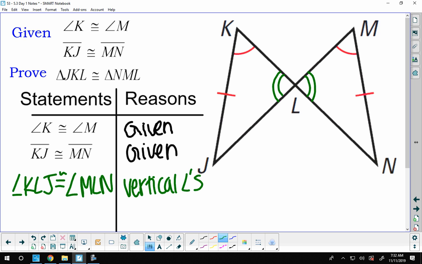So now we have angle, angle, side, and that's the non-included side. That would be the included side, but the side that we have is not included. So the angle-angle-side congruence theorem is what proves that my 2 triangles are congruent. Triangle JKL is congruent to triangle NML.